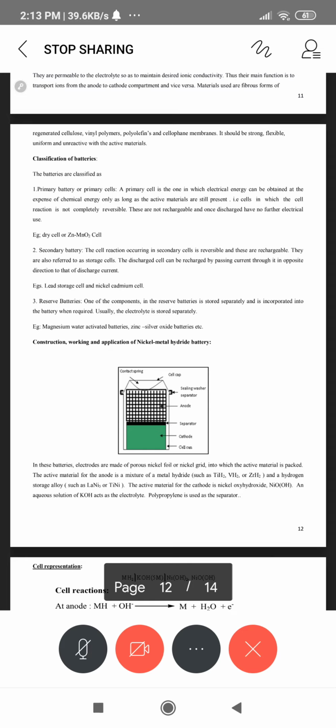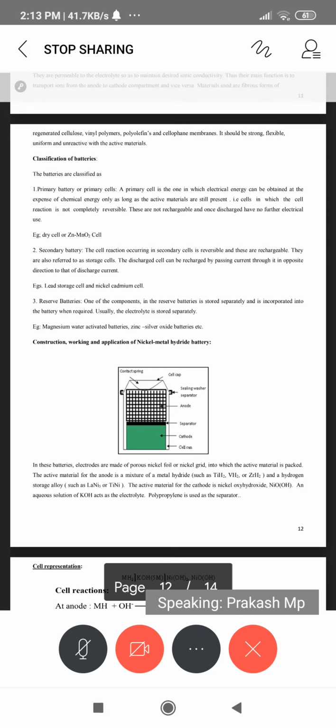Nickel oxyhydroxide, NiOOH, plus the released water in the cathodic reaction and the released electrons form nickel hydroxide plus 2 OH.